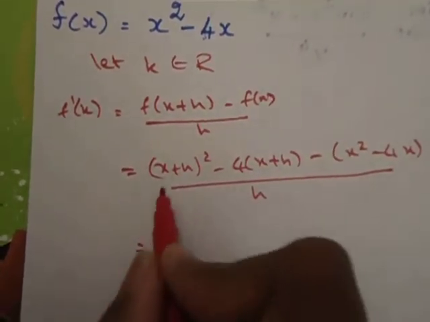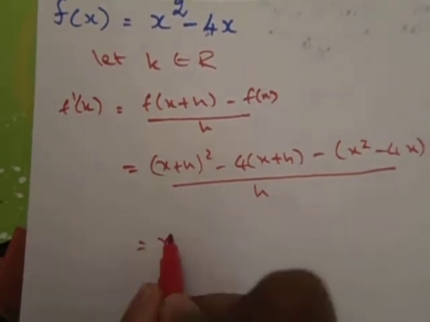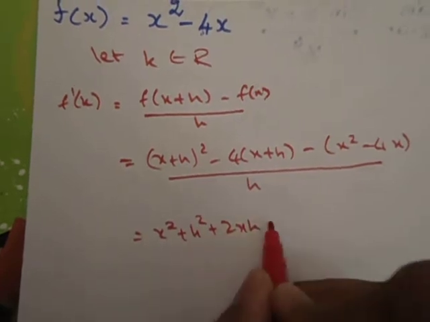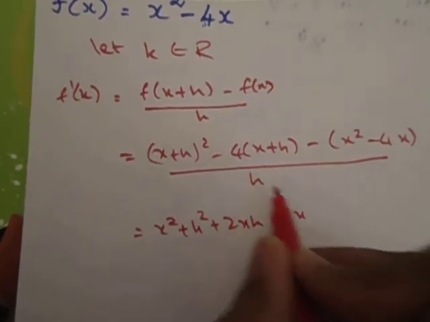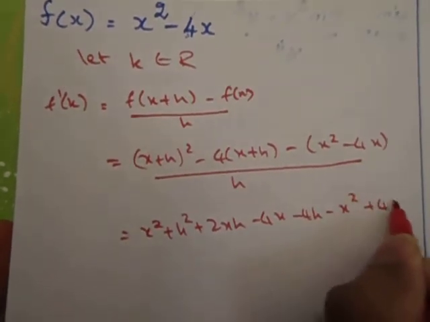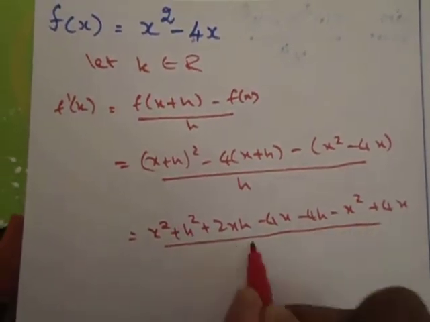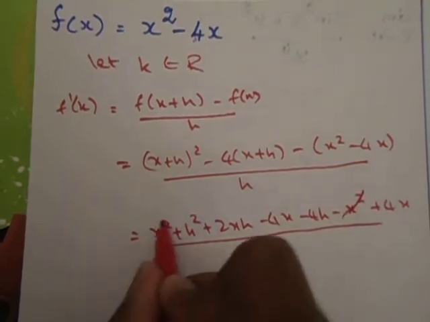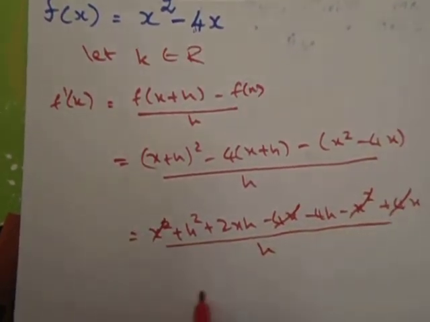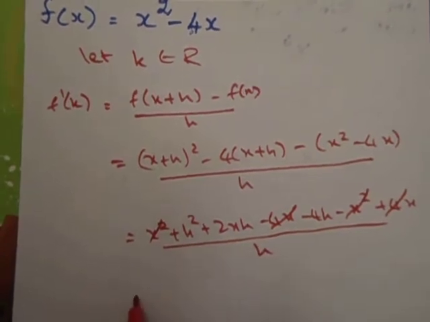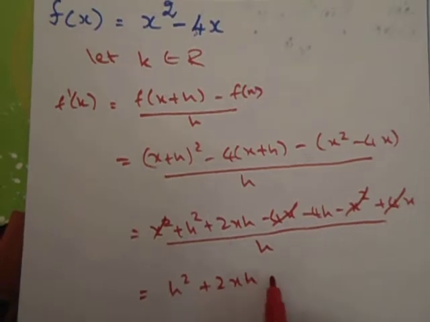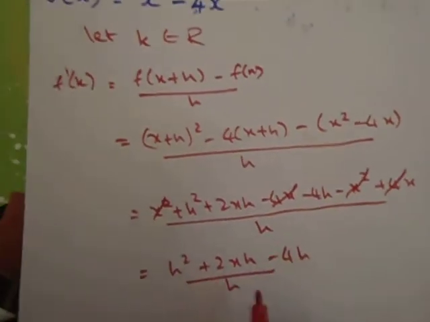When we expand this we get x square plus h square plus 2xh minus 4x minus 4h minus x square plus 4x divided by h. x square gets cancelled, 4x gets cancelled, that's it. We get h square plus 2xh minus 4h by h.